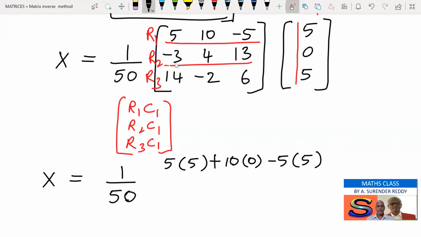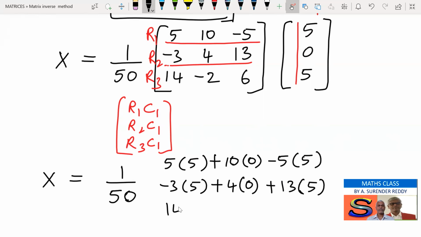And second row multiplication: minus 3 into 5, 4 into 0, 13 into 5. And the third row, multiply with the third row: 14 into 5, minus 2 into 0, 6 into 5.